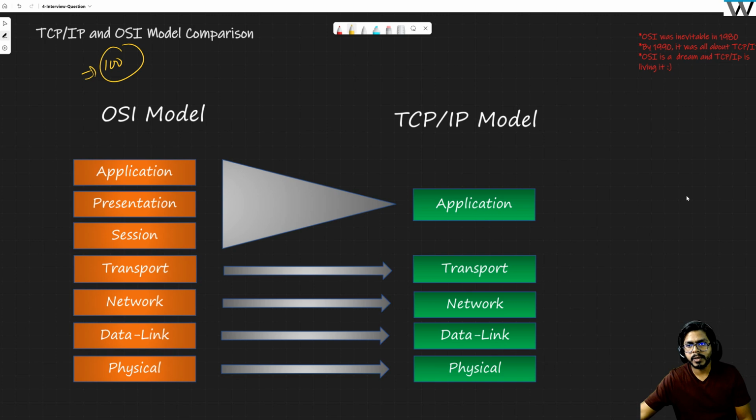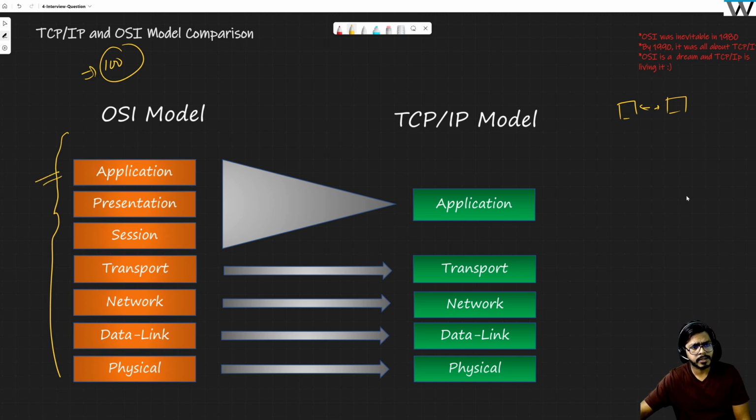Which problem? The problem of making sure that these two computers talk with each other, right? So what they did is they divided or broke this problem into multiple layers, right?